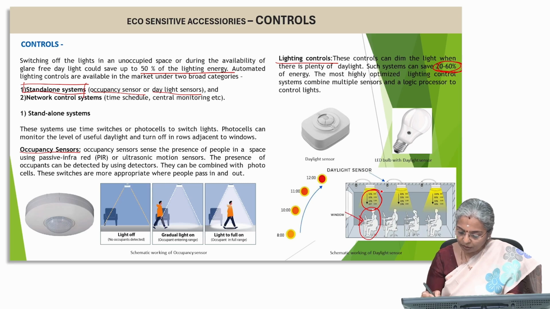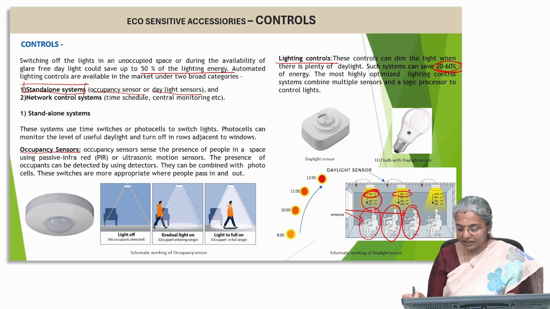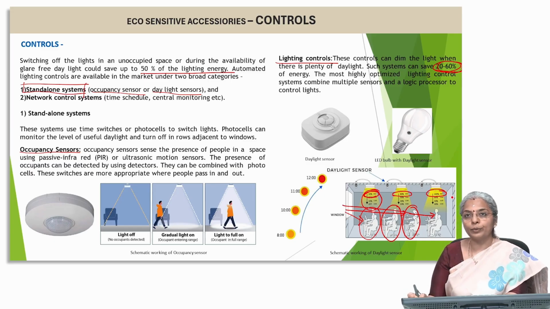Closer to the window, suppose at a particular time 50% of light level is actually required, and farther away from the window for the same task at the same time 80% light is required, and at the furthest point from the window 100% of the total illumination capacity of the bulb is required.